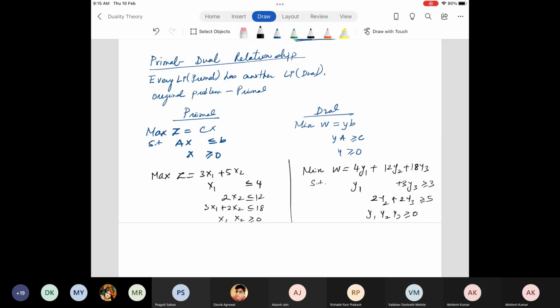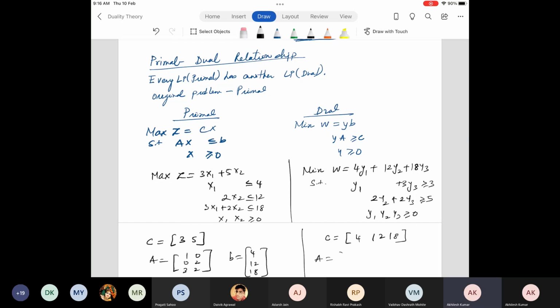It matches. More precisely, we can write C as 3, 5, A as 1, 0, 0, 2, 3, 2, and B as 4, 12, and 18. In the dual, my C actually is 4, 12, and 18, A is 1 0 3, 0 2 2, and B is 3 and 5.